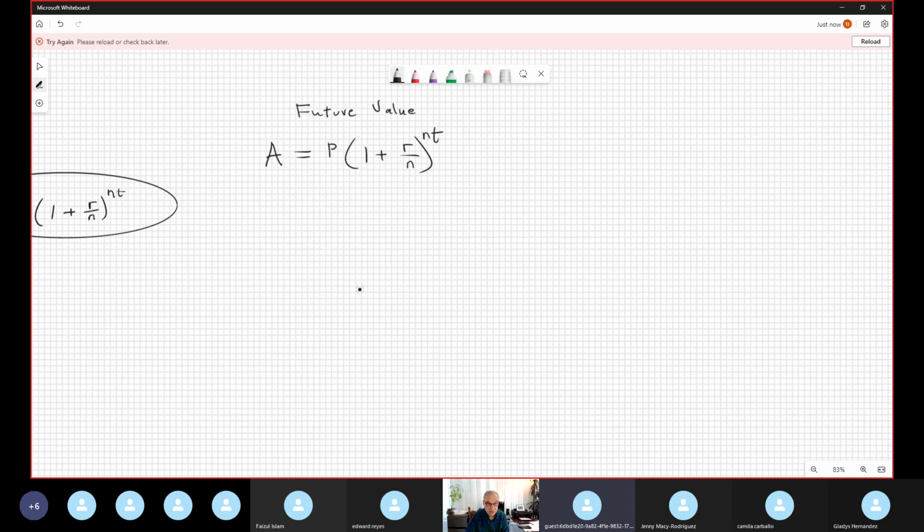Suppose another problem in which I want to predict something. I want to compute the present value. So for example, I want to buy a car. To buy a car, I need $50,000. But how much money do I need to deposit right now in the bank account with the interest rate R in order to get the $50,000 I need to buy the car?